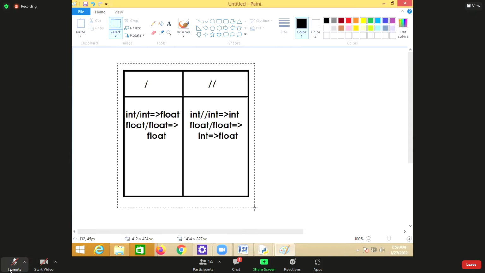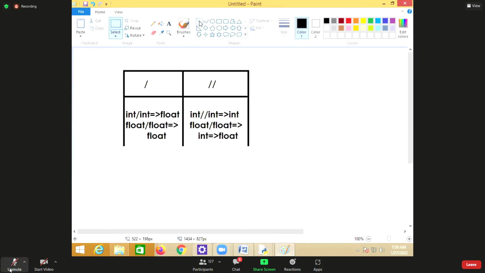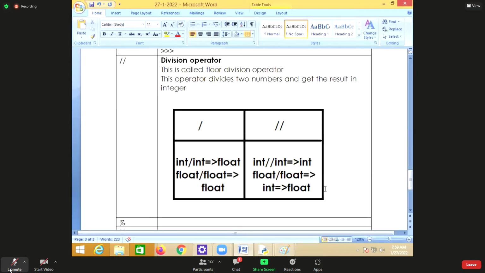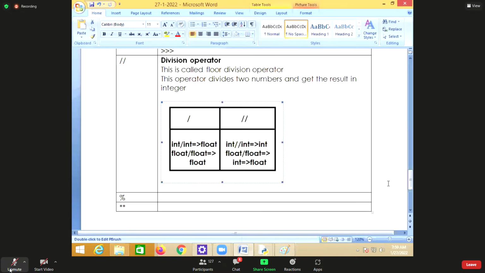We'll see with the example. Don't worry. So how will this division work here? Both will get the quotients only. So slash will get the same thing and slash slash also gets the same thing. But the difference you have to understand is between slash and slash slash.